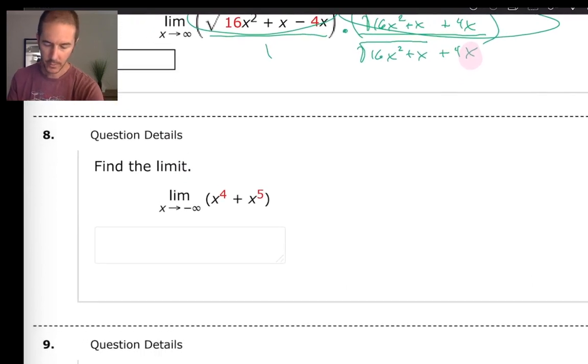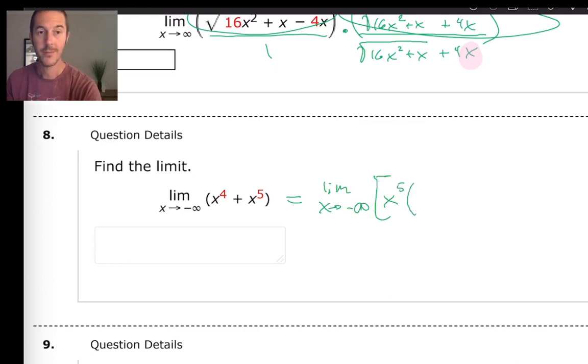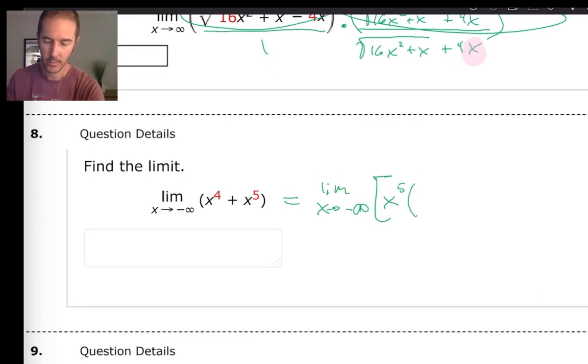This is another scenario that we had not run into until just now. The strategy here is factoring out the variable to the largest power. So this turns into the limit as x goes to negative infinity in this case of, I'm factoring out an x to the fifth, or dividing it out, if that helps you.